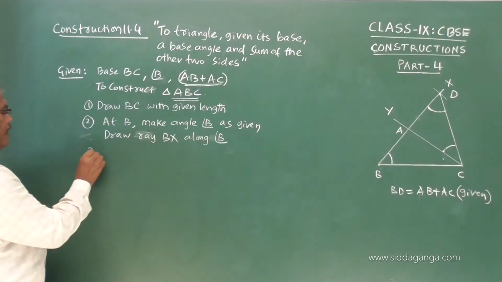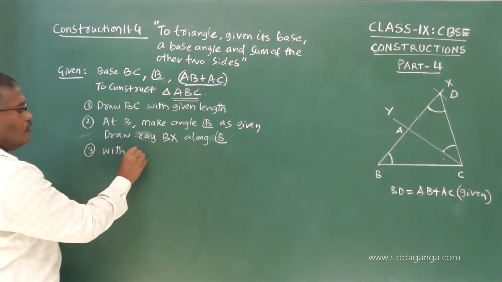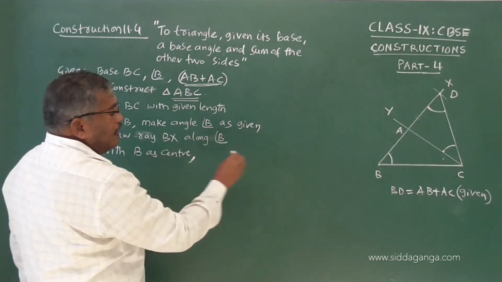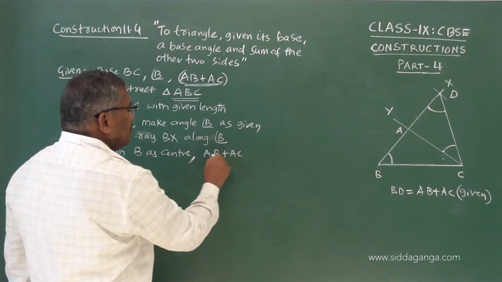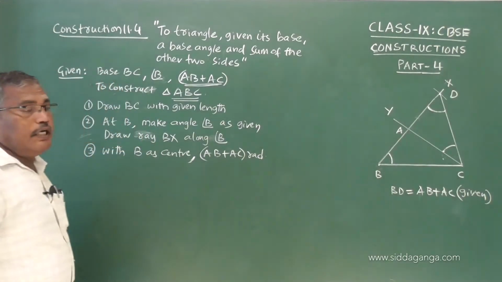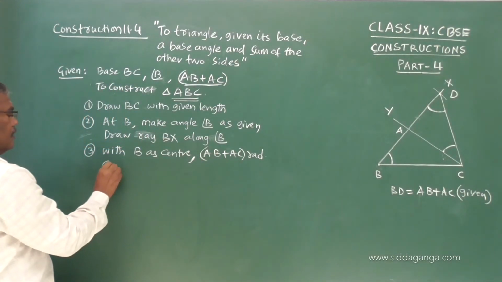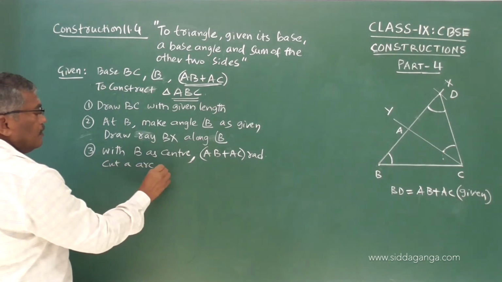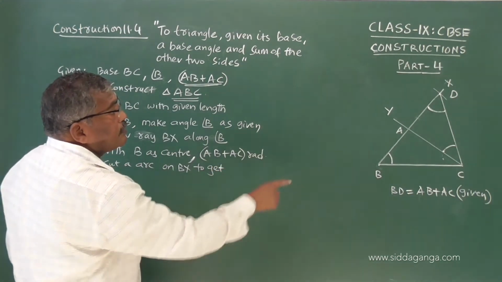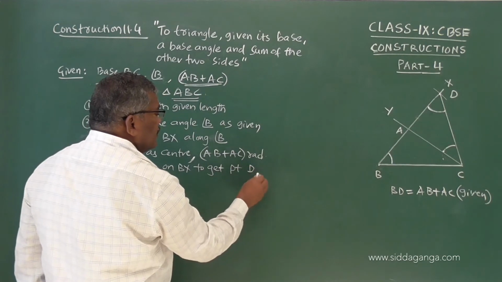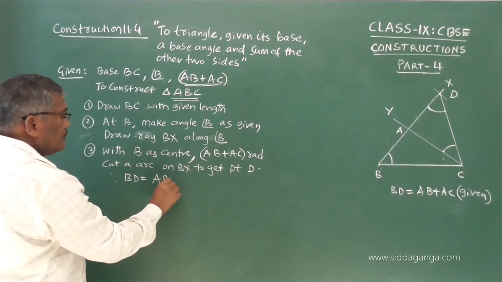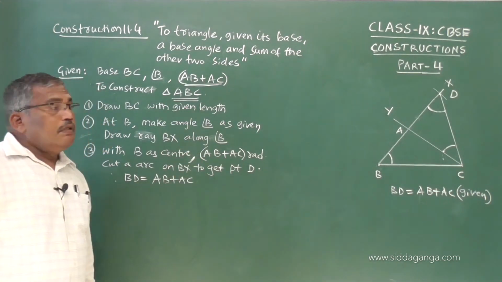Next point, with B as center and AB plus AC as radius, cut an arc on BX to get point D. So therefore BD is equal to AB plus AC.